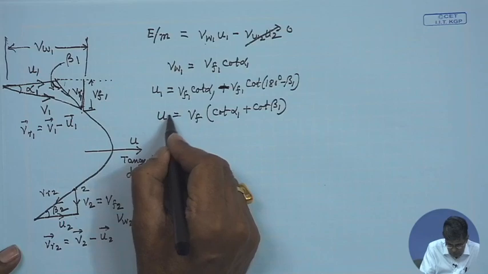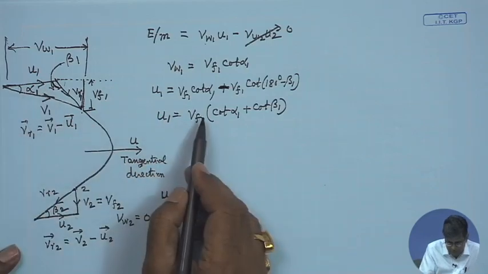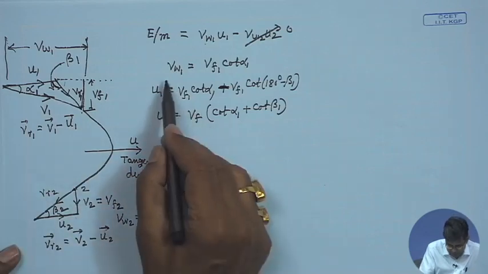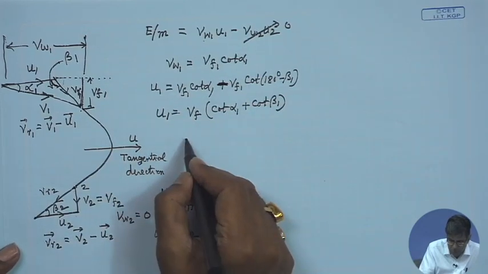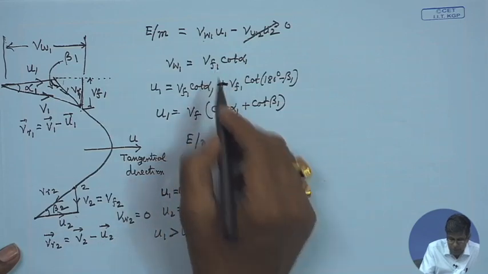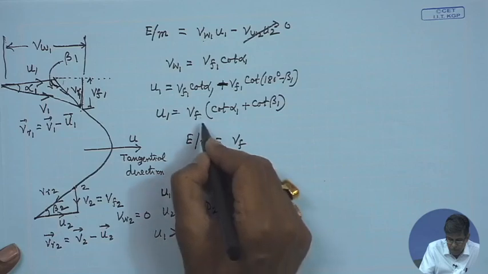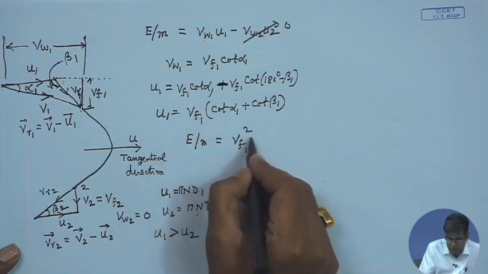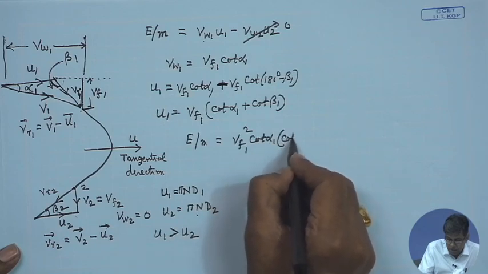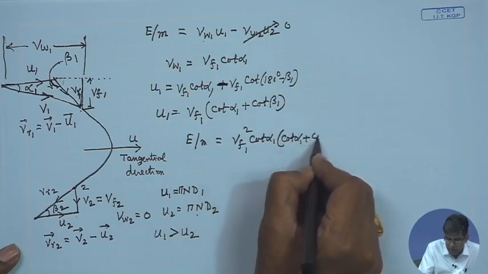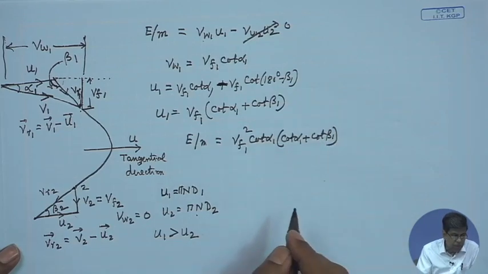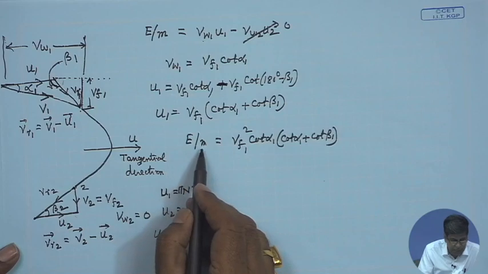So, this is U1. U1 can be expressed from this triangle geometry, U1 like that, VW1 like that. So, therefore, we can write E by M is equal to VF1 square cot alpha 1 into cot alpha 1 plus cot beta 1, that is the energy per unit mass.